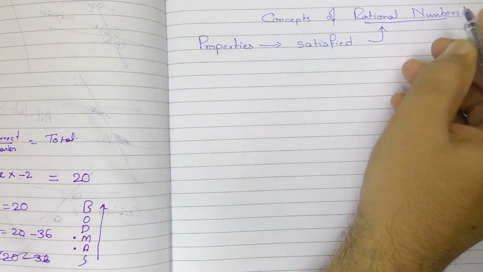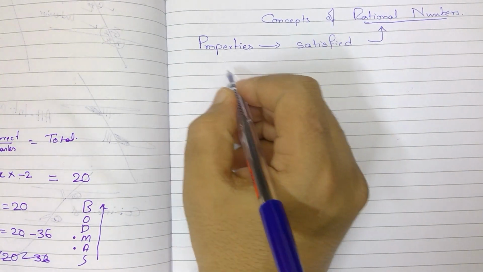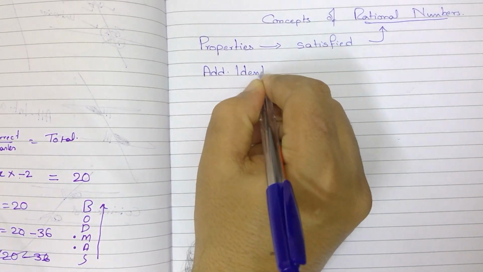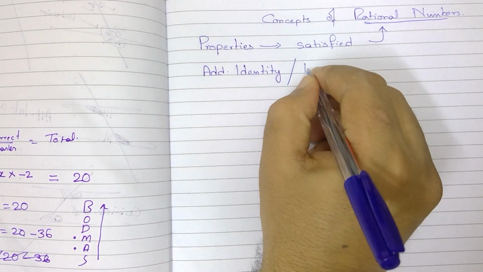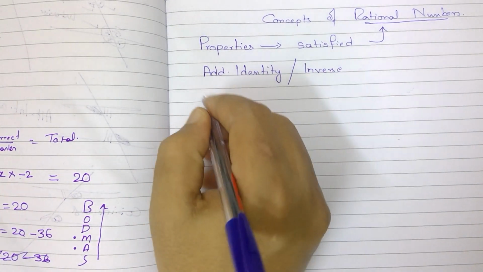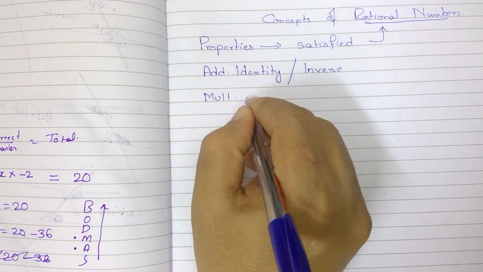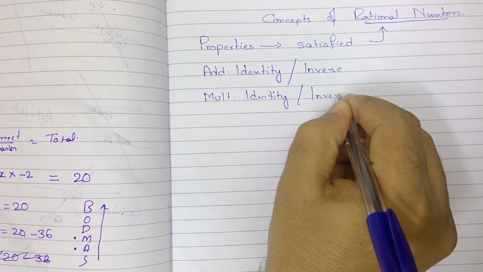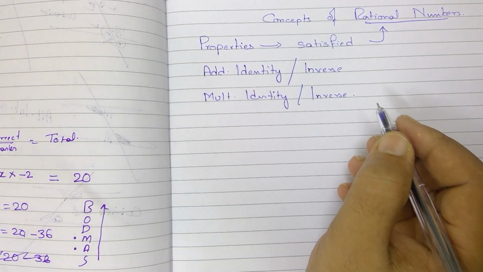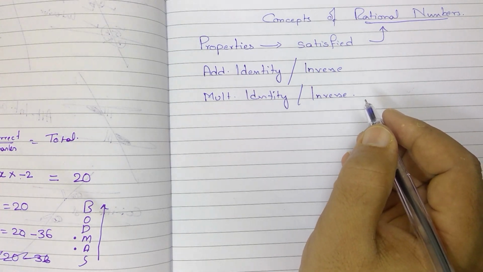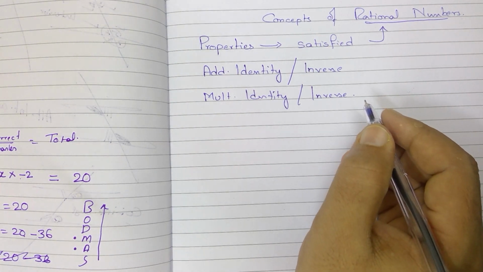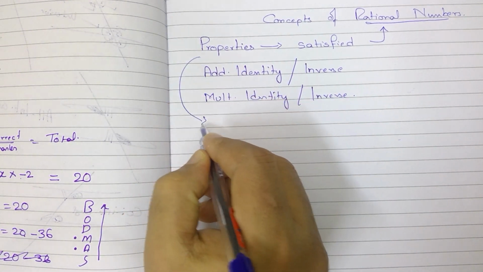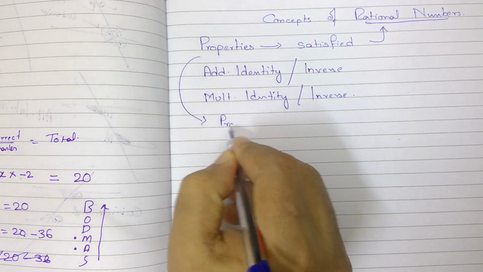After that we have additive identity and also additive inverse, and next we have multiplicative identity and multiplicative inverse. And after that we are going to find out or prove the properties.